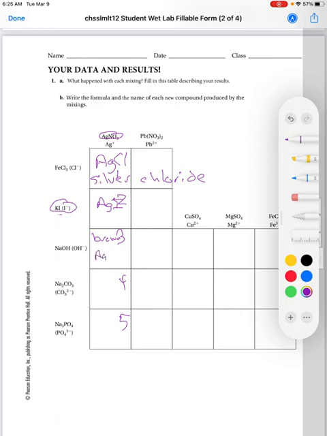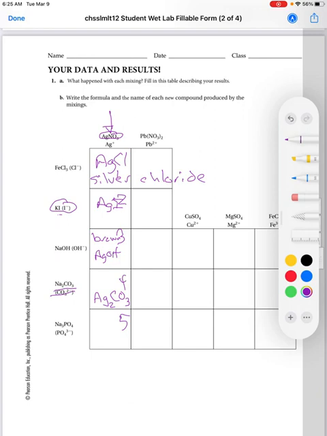When you write precipitate, I'll do it on this next one, the sodium carbonate reacting with the silver nitrate. The product is going to be silver carbonate, and of course silver is always +1 and carbonate is always -2, so you need 2 silvers and 1 carbonate.